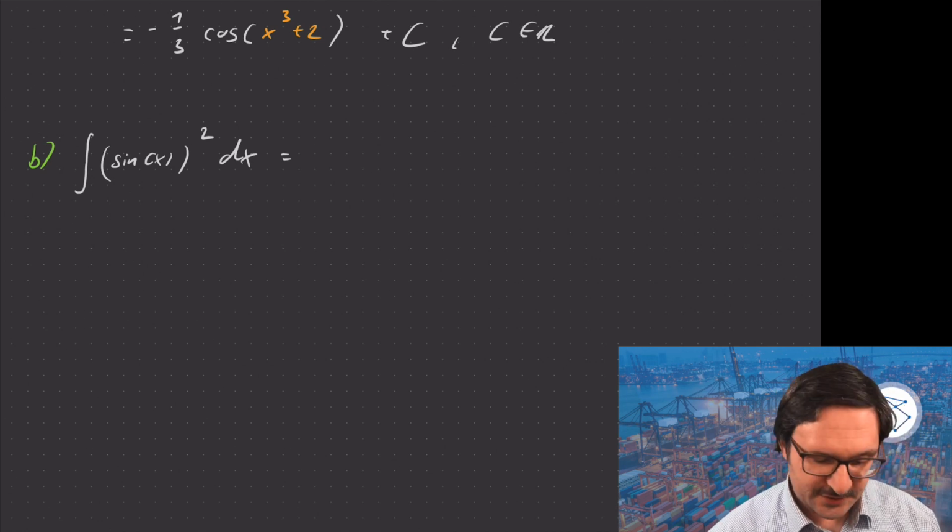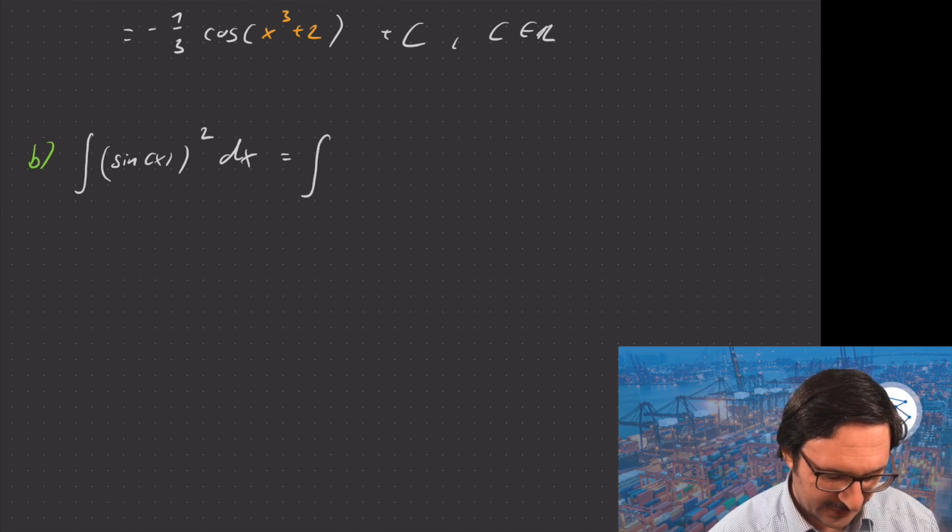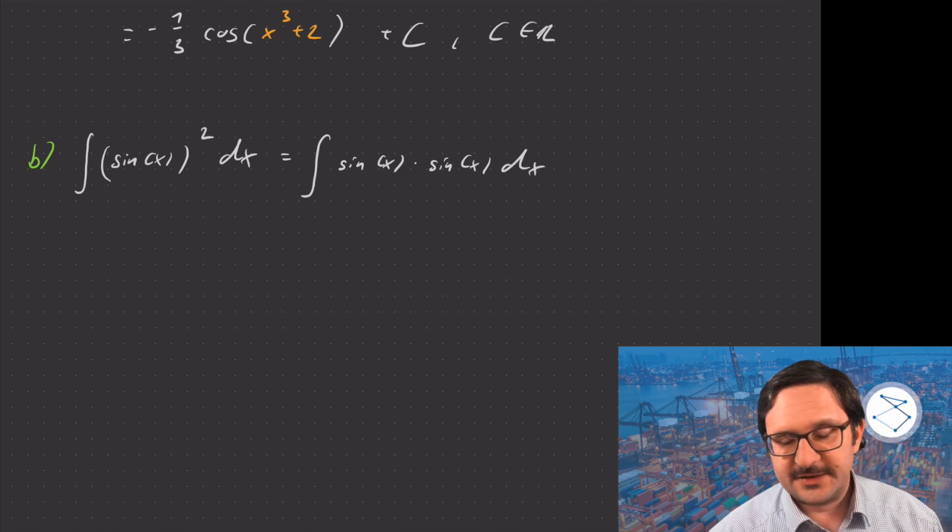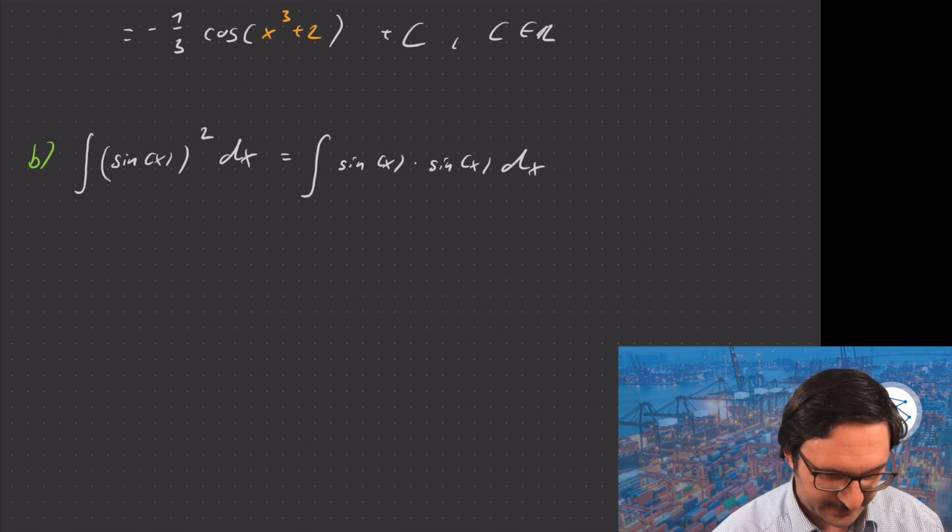So first thing we do is we rewrite the integral with an integrand that is actually a product. And one way to write this here is, this is the sine of x times the sine of x. Now we use one of these functions as f prime and one will be g.